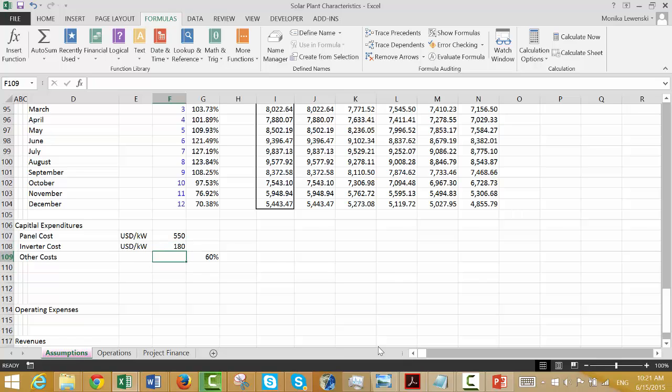So what if we sum these and then divide by 1 minus 0.6, and multiply that whole thing by 0.6, sorry.